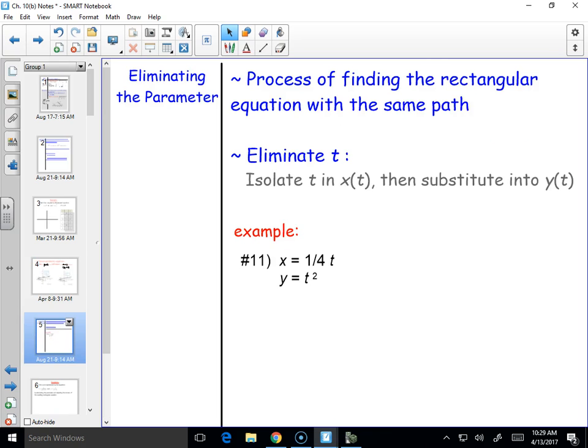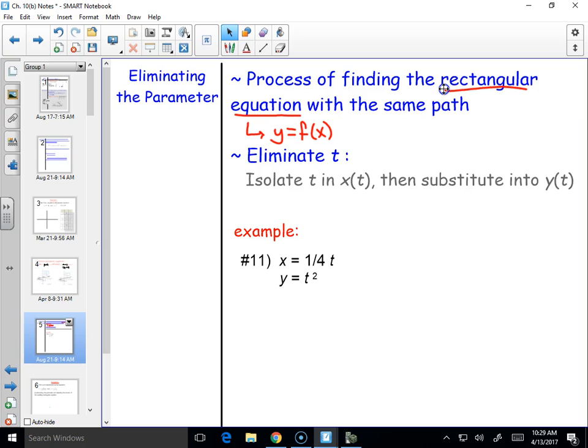This is the answer: eliminating the parameter, which is the process of finding the rectangular equation. Let me help you out with what that means. The rectangular equation, aka the function mode equation. That's just how our calculator says it though. The y equals f of x, no t's.